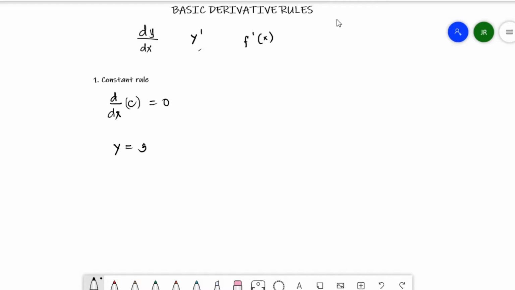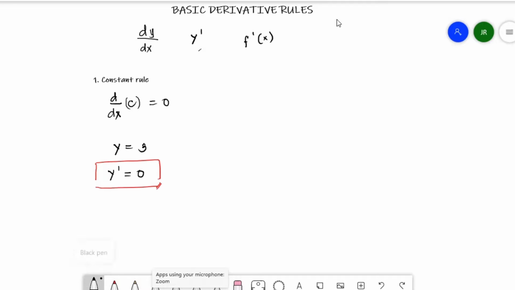So if we're going to find the derivative of this y or y prime, kukunin natin ang derivative, kaya naging y prime na yan, ang derivative ni 3 ay 0 lang po. Okay? And this is the final answer. Again, the derivative of a constant is always equal to 0.